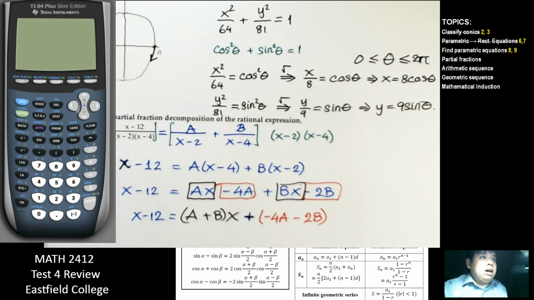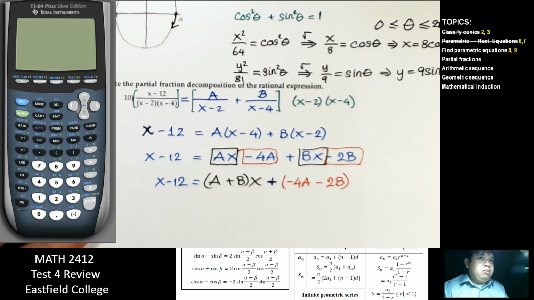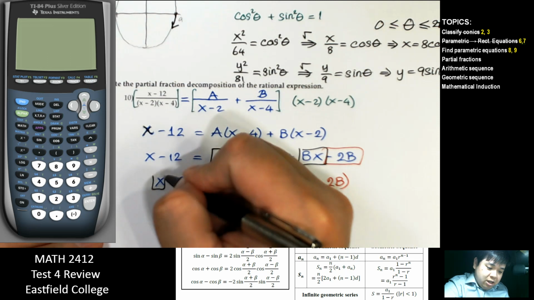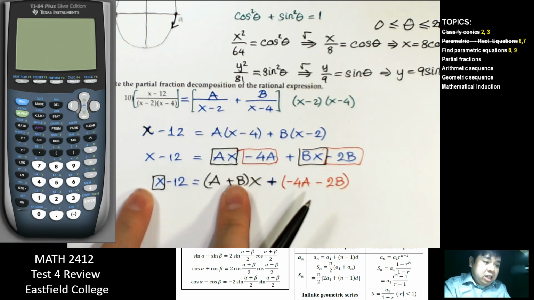Next, what we do is we just match the coefficient, meaning that this one with x must match with this. The coefficient must be the same.